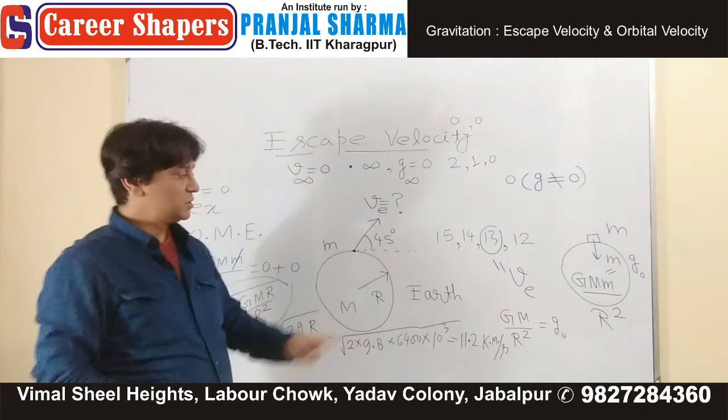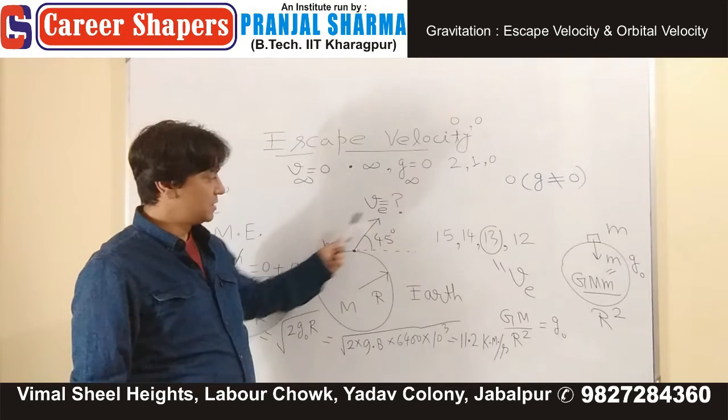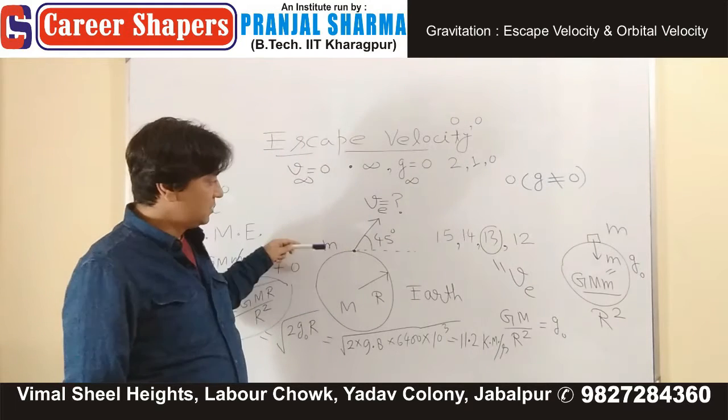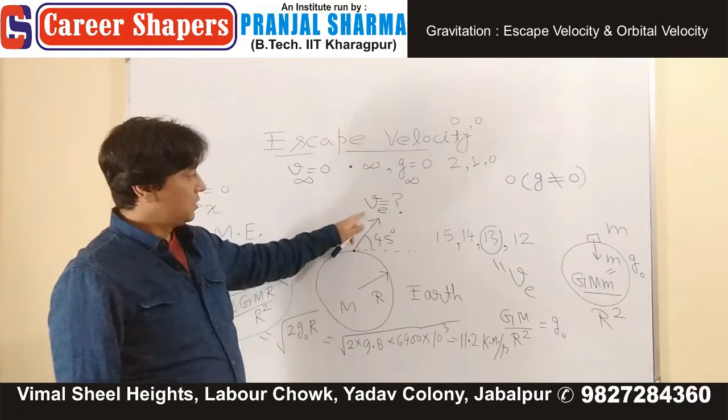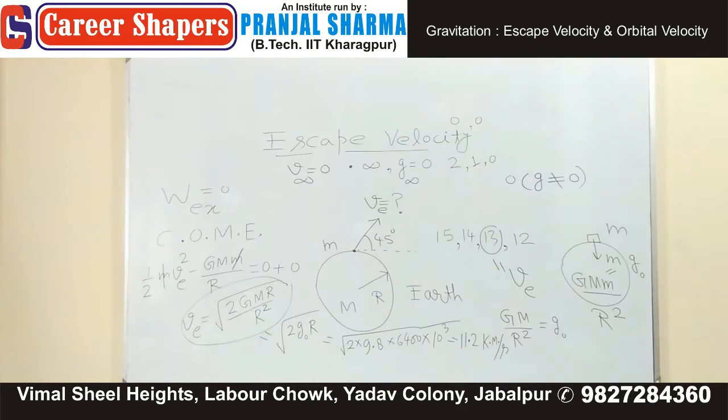If the angle of projection is 45, instead of throwing the object vertically up, if you decide on throwing it at some angle of 45 degrees with the horizontal, then what will be the value of V so that it can escape to infinity?